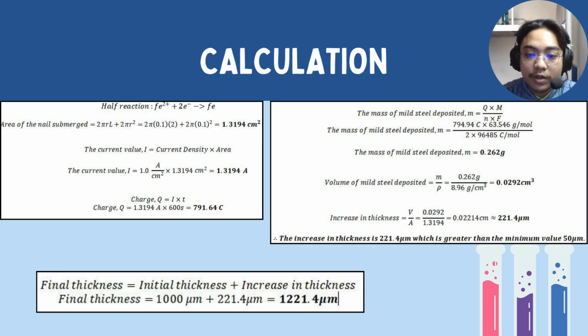Next, the volume of my steel deposit, we get the volume is 0.0292 centimeter cube, and the increase in thickness is 221.4 micrometer, which is greater than the minimum value 50 micrometer. So the final thickness, when we add the initial thickness, we get 1221.4 micrometer.